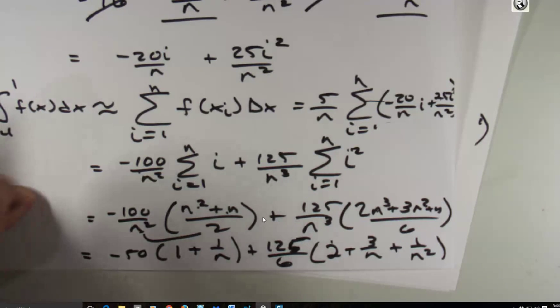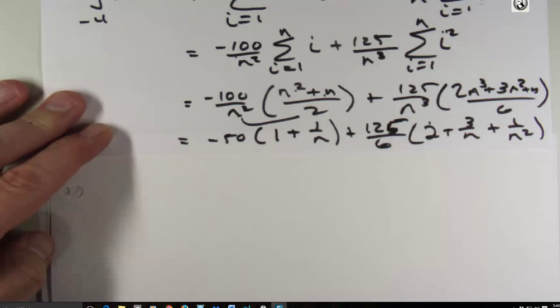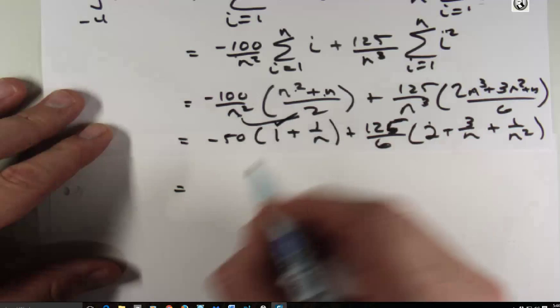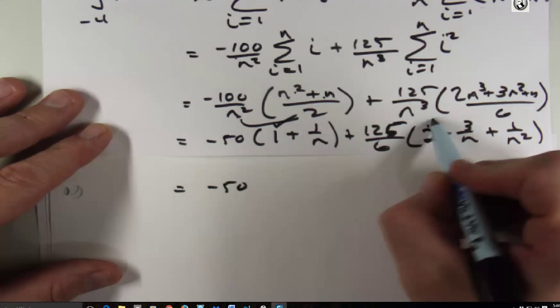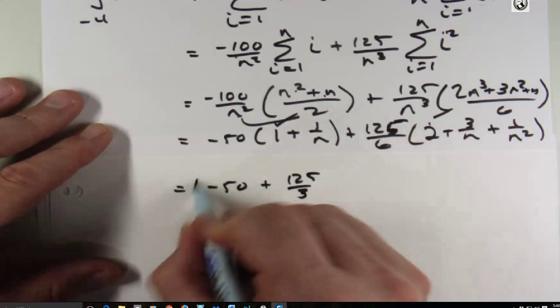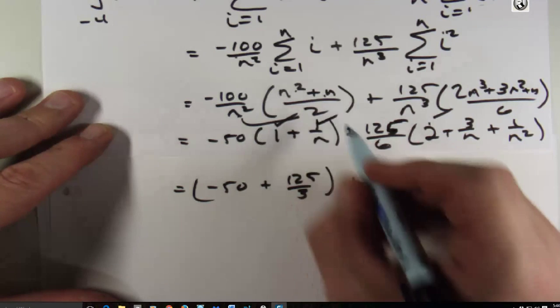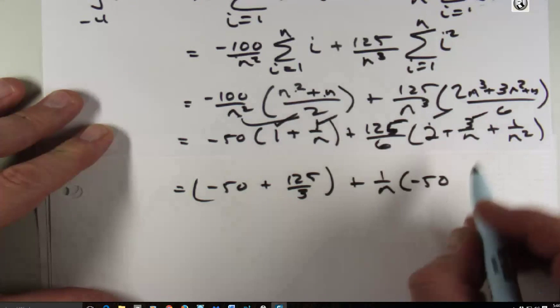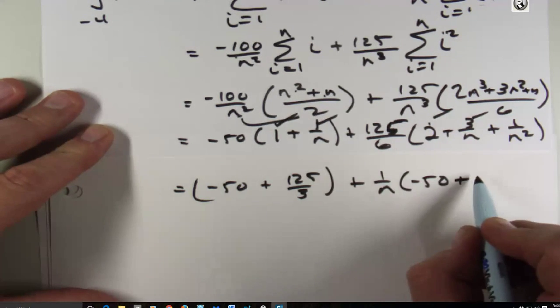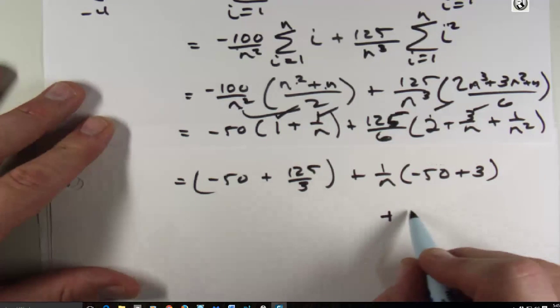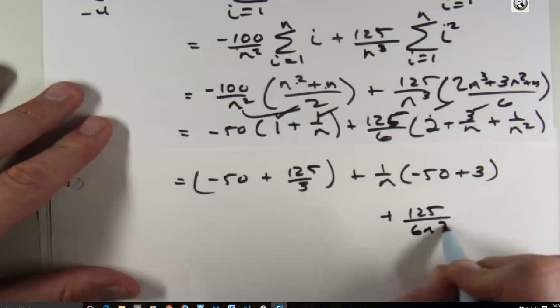Okay, let me pause this for a second. Pause. Bam. Okay. Now I'm going to bring things together. This is a constant, minus 50. This is a constant, but 2 sixths is a third, plus 125 thirds, plus 1 over n times minus 50, plus 3, because that's 3 over n, I factored it out, plus 125 over 6n squared.